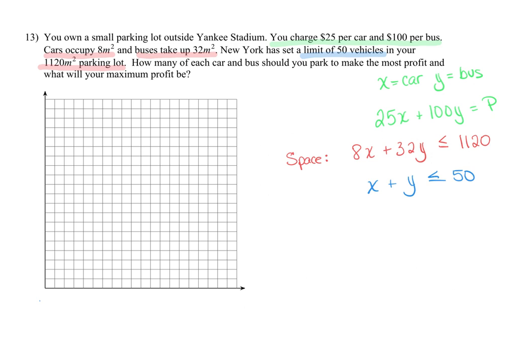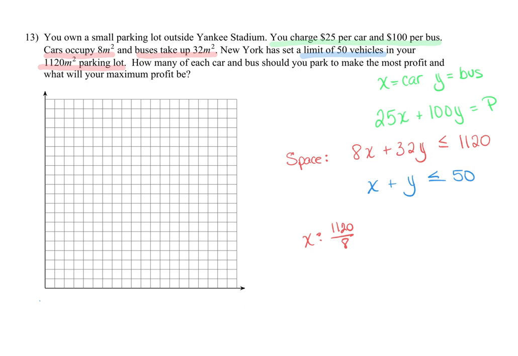All right, so I am now going to graph these. The first thing I do before I even label my graph is I'm going to decide how big my terms are going to be by finding out what my intercepts are, okay? And so I am going to look at my intercepts for this first one. My x-intercept for that one is going to be 1,120 over 8, right?